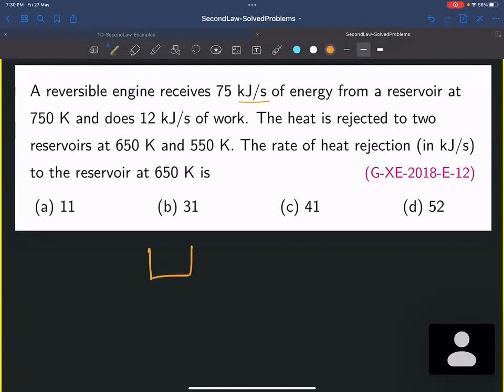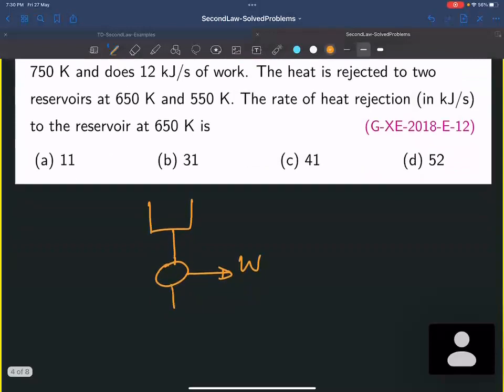So there is a source, a reservoir at 750 Kelvin. Okay, the diagram; I will represent the data later. So we have this source, and an amount of work is available, and it is rejecting heat to the sinks.